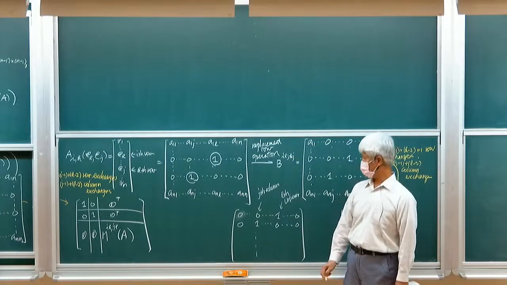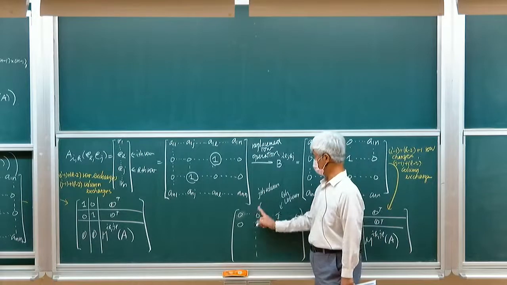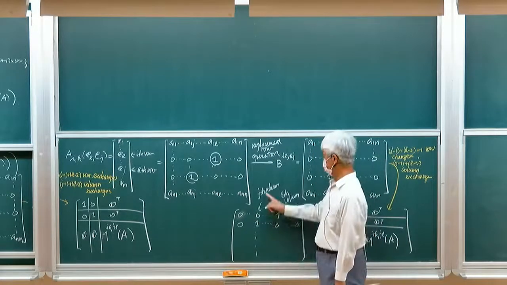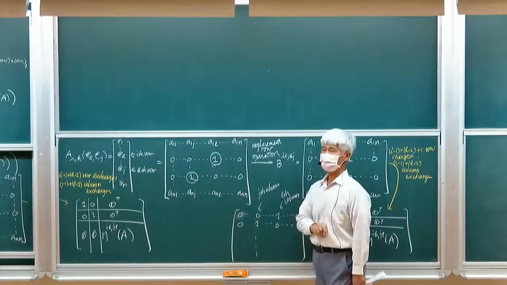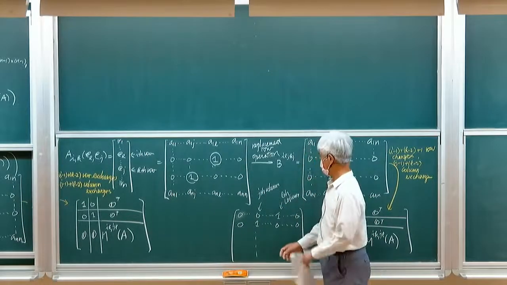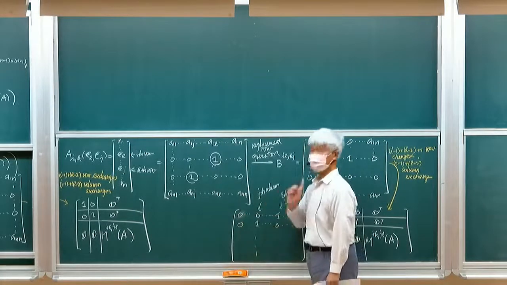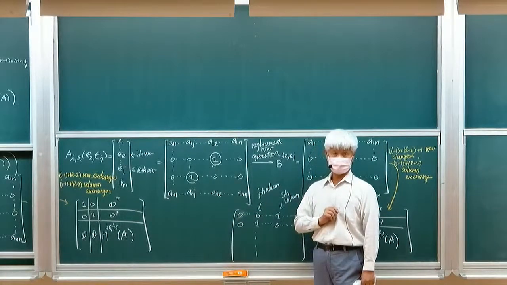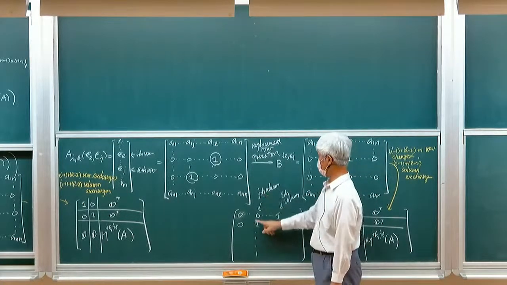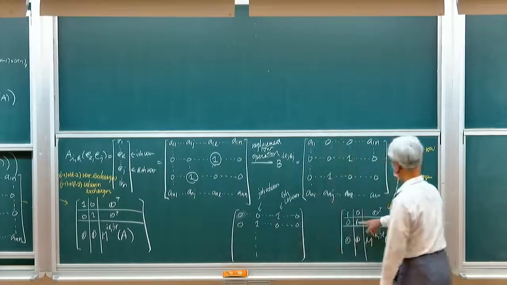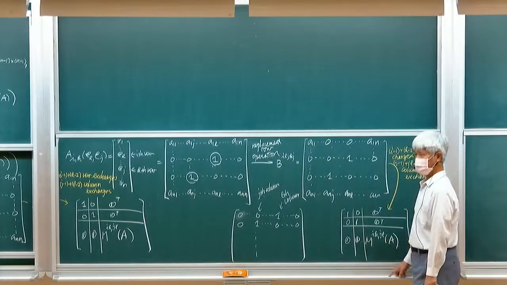The difficulty is, what if J is equal to 1? If J is equal to 1, then by doing column exchanges, you can never put this one up there. So if J is equal to 1, you have difficulties moving to a matrix like this one.